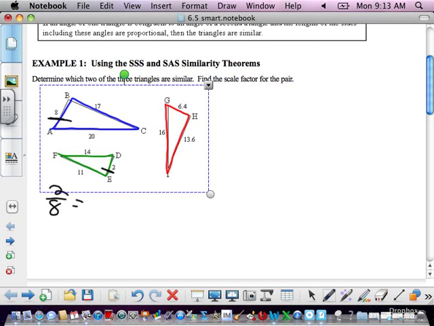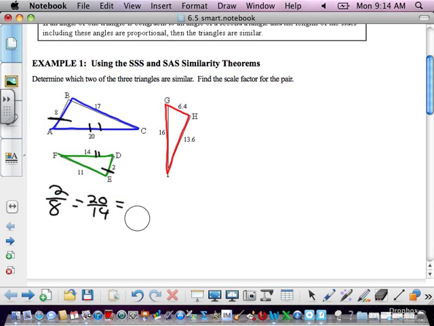Okay, we want to see if it's set up to what? What would the corresponding side be for 20, A C? D F, so 14. I should have done green over blue, green over blue.